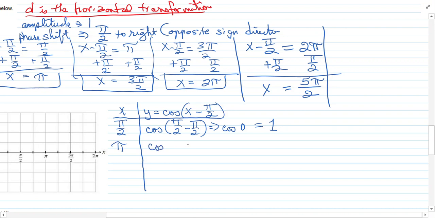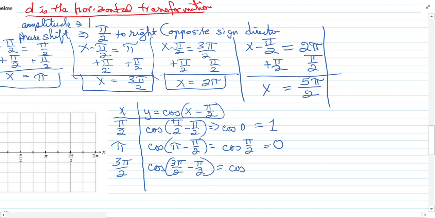So I'm going to have the cosine of pi minus pi halves. Well, this is going to give me the cosine of pi halves, which gives me 0. Then I'm going to have 3 pi halves, which is going to be cosine of 3 pi halves minus pi halves, which is going to be cosine of pi, which gives me the -1.